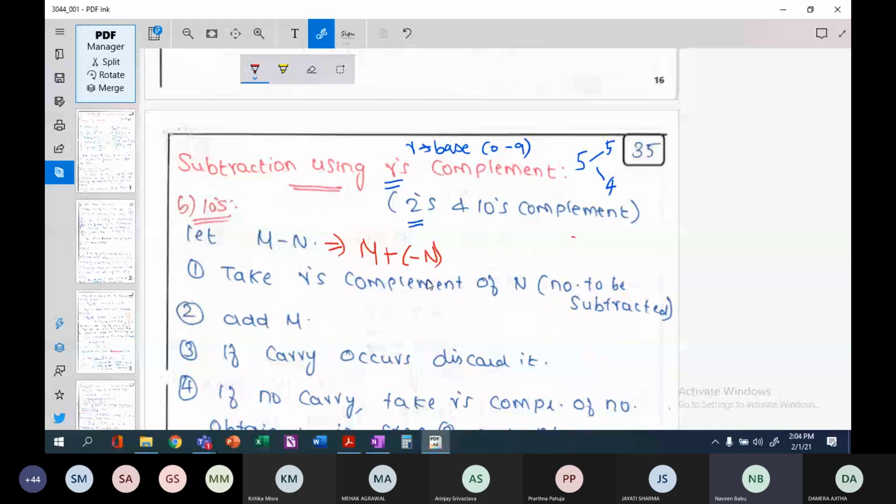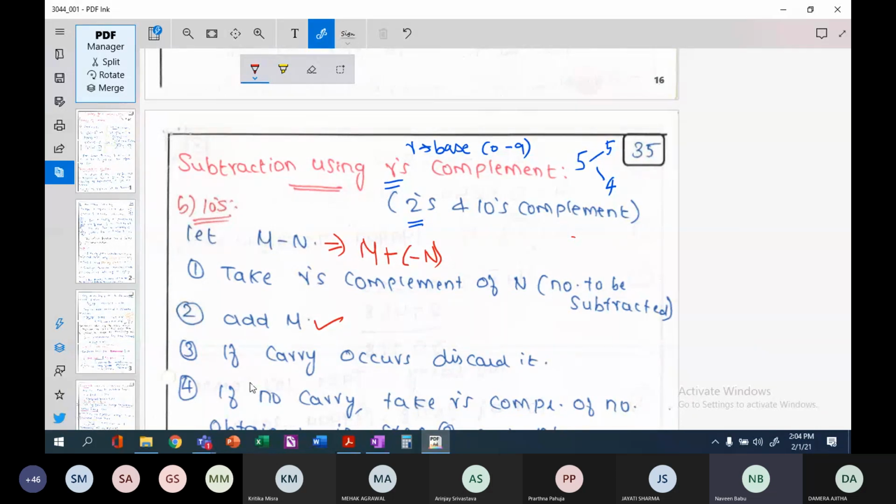You need to convert this minus n to the complement form. So the first step is to take R's complement of this number. If it is a tens complement, then take tens complement of this number. If it is a twos complement, take twos complement of this minus n. Then add m to it.